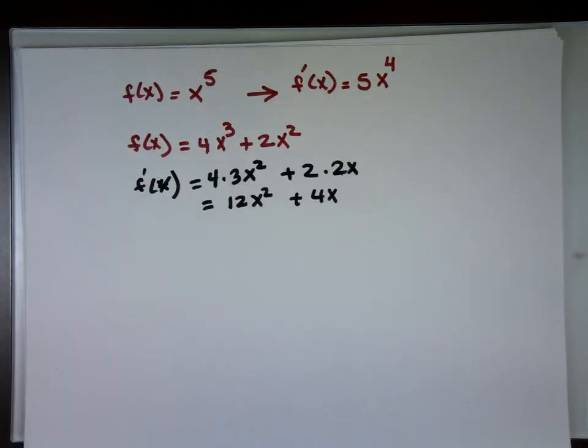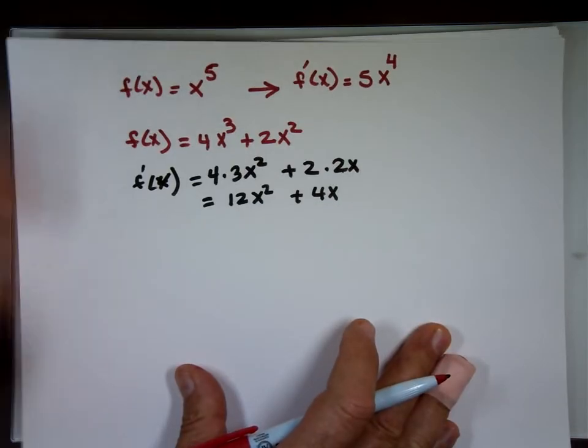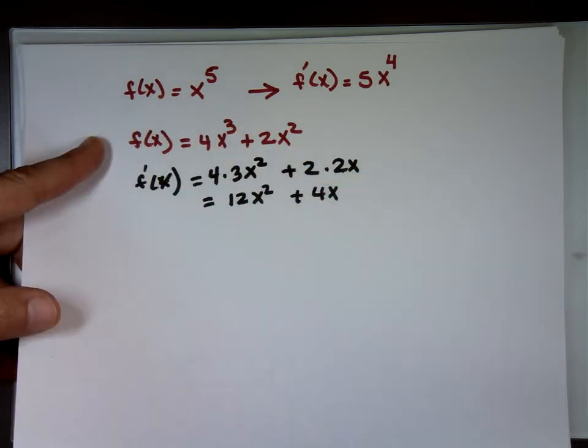Now, unfortunately, you can't apply the shortcut to number 7, because this shortcut only applies if you have x raised to the power of n.